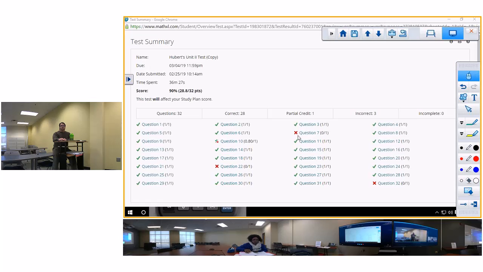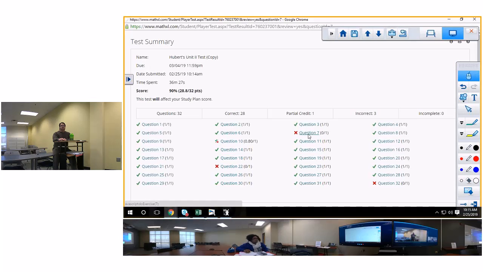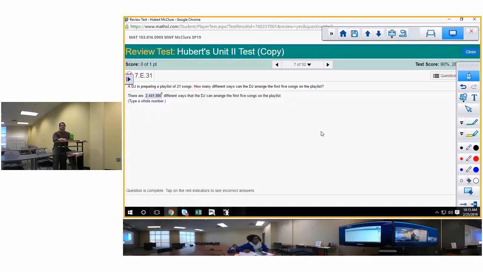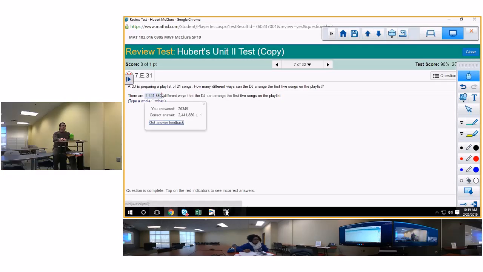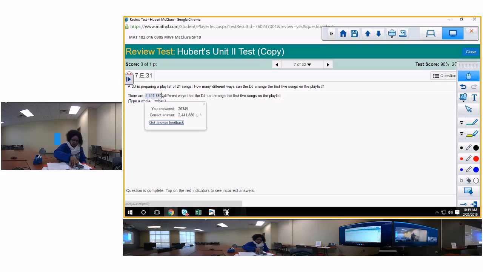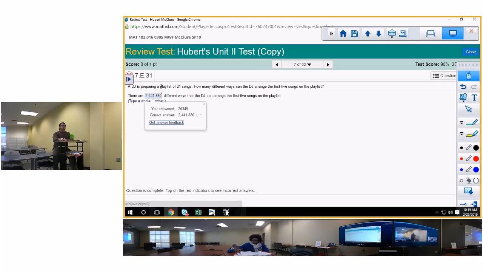Let's go with number 7 first. What did we do wrong with number 7? Okay, something is wrong there. How many different ways can the DJ arrange the first 5 songs? Evidently, they want it in order. That's the trick question, though.